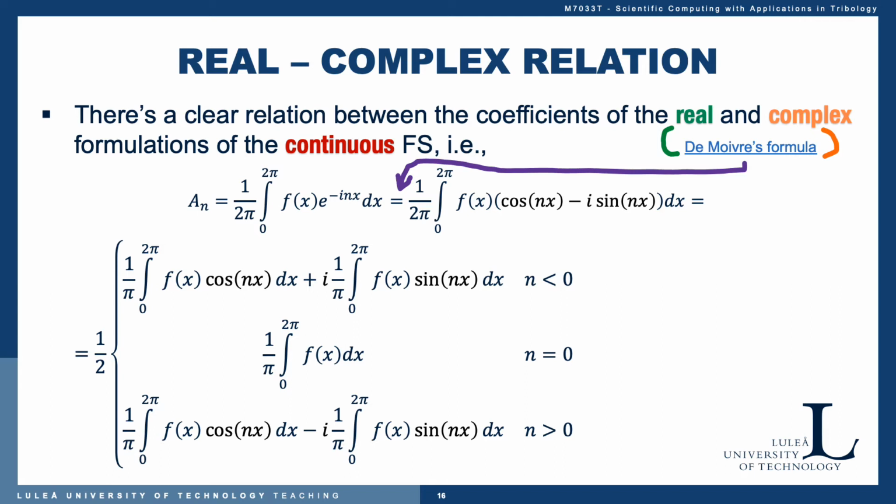And if you carry out the computation here, I'm sure you all will end up with this relationship between capital An up here and the lower letter an and lower letter bn from the real Fourier series in this way.